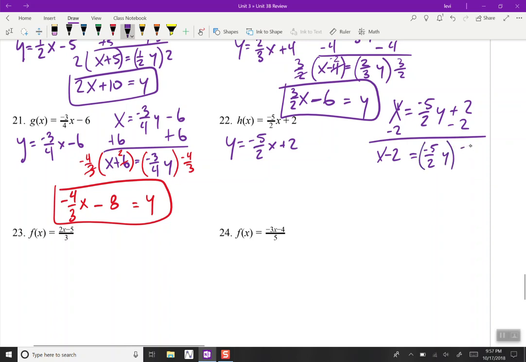Multiplying by -2/5, multiplying by -2/5, and so we get -2/5 x. -2 and -2 make +4, so plus 4/5 equals y, and that's kind of a messy one.